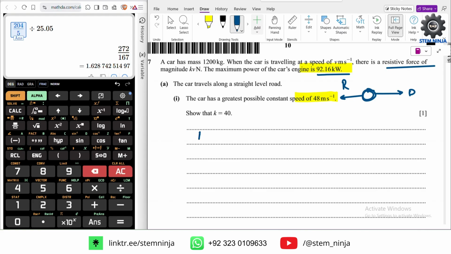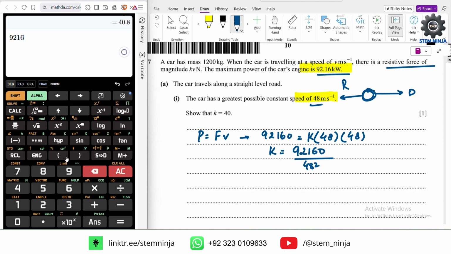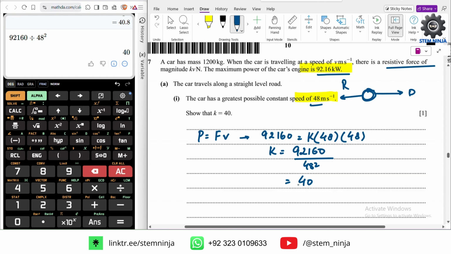So power is equal to FV, that is 92,160 equals kV newtons times V. So K would be 92,160 divided by 48 squared, which is 40. Therefore, it's easy to show.